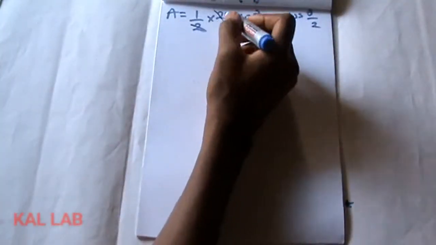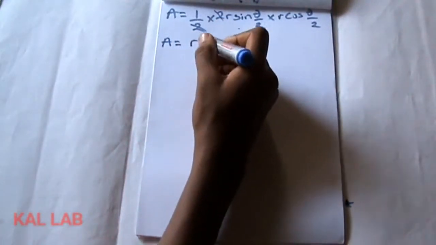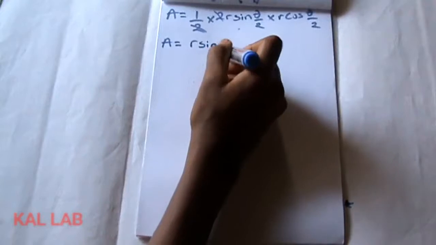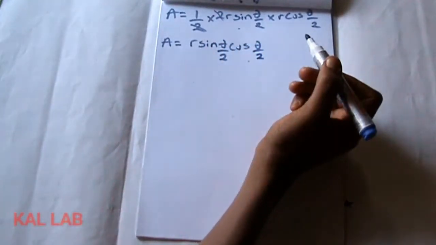The 2s cancel, and A would be equal to R squared sine theta over 2 cos theta over 2.